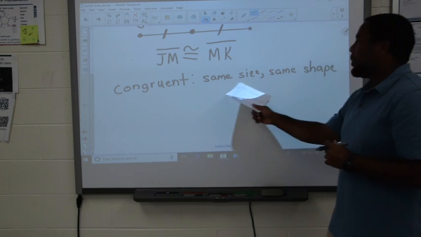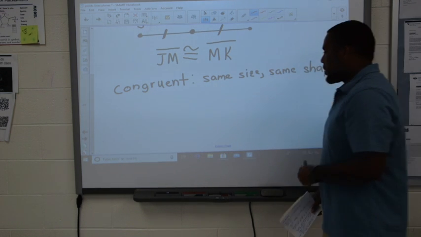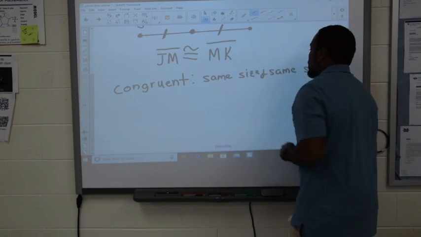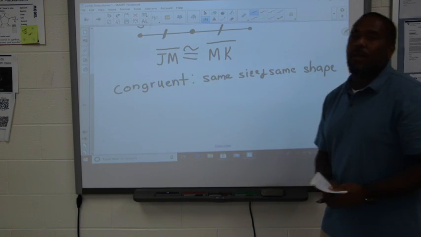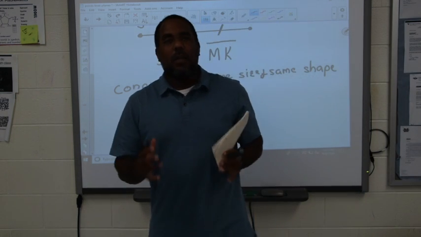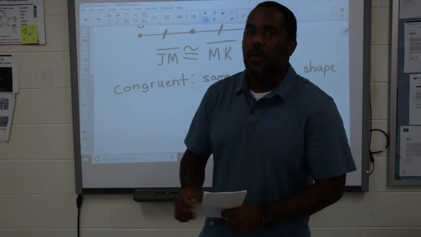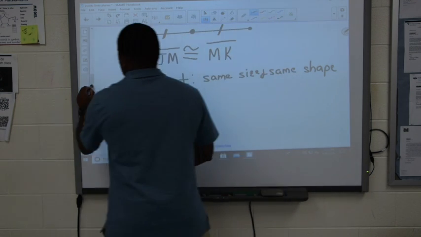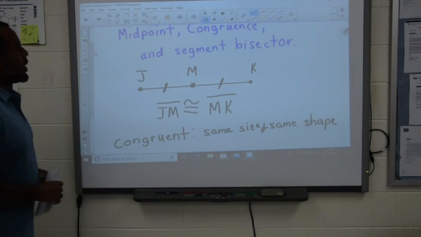Congruent, same size, same shape. Same size and same shape. Has to be both. And something that you can remember, pieces are congruent, numbers are equal.